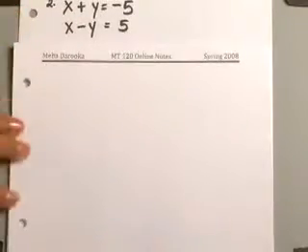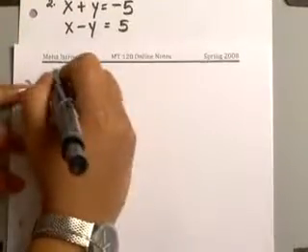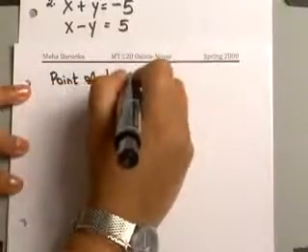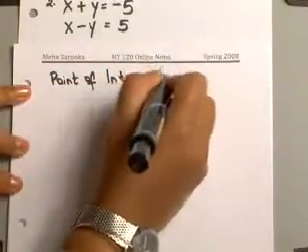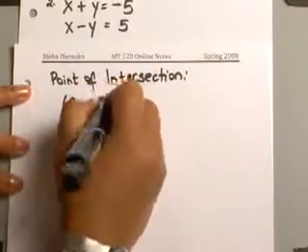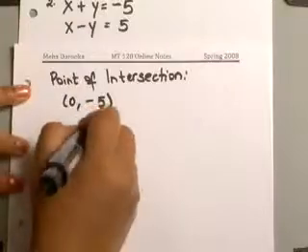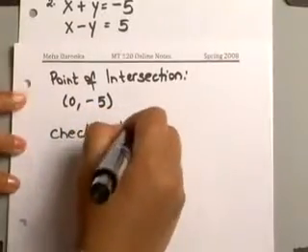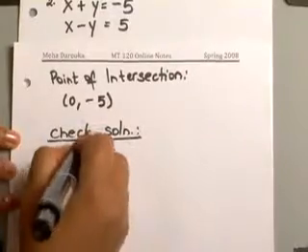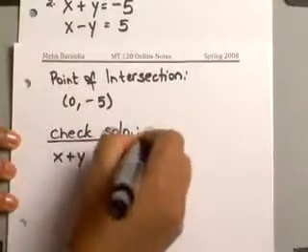You have your equations of lines and your point of intersection, which was of course (0, -5). So checking our answers, you have x plus y equals -5.